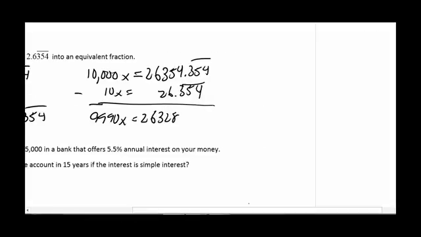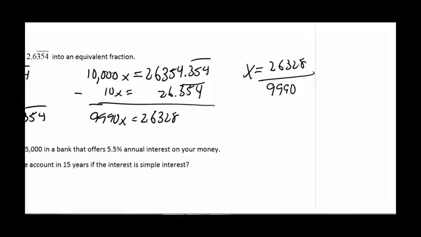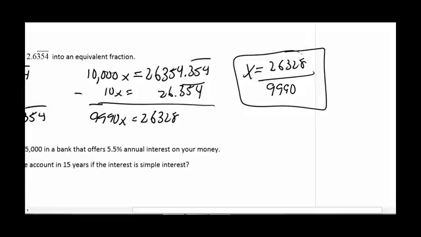Then I just want to divide that over, so 26,328 over 9,990. If I can reduce that, I want to do that, but that's a perfectly good answer as far as converting that to a fraction.